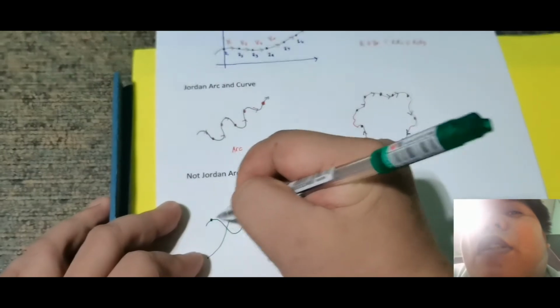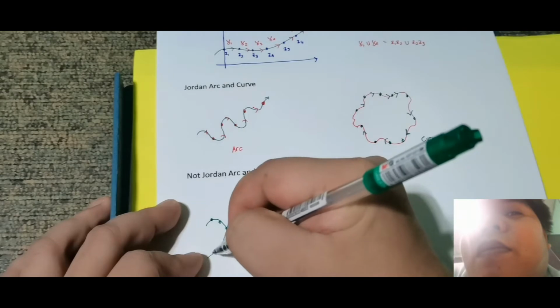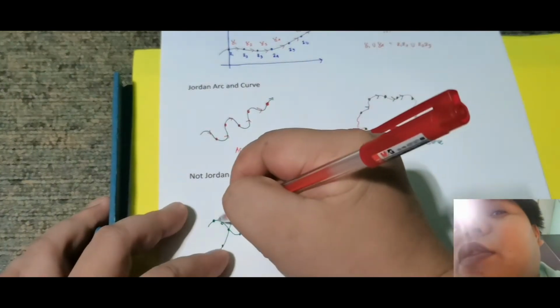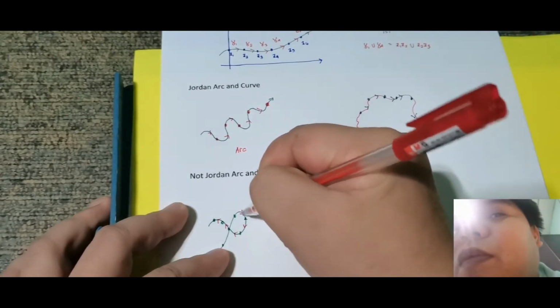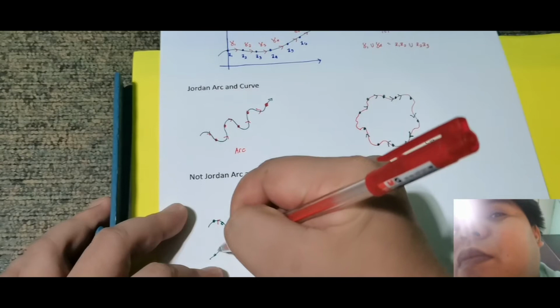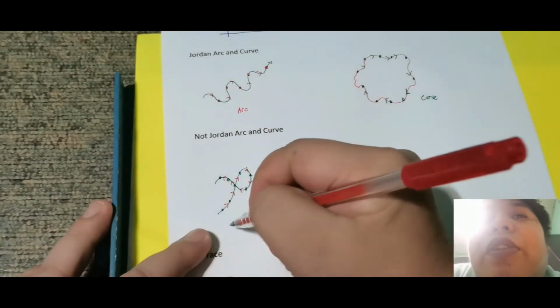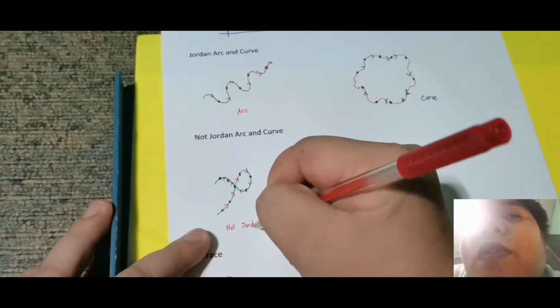So, nagtuldok ako dito. So, assuming lagyan ko din ng direction. So, assuming yung direction ganyan. Okay, so yan yung example ng not Jordan arc.